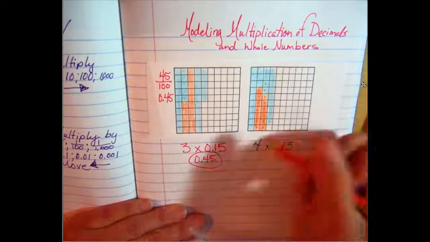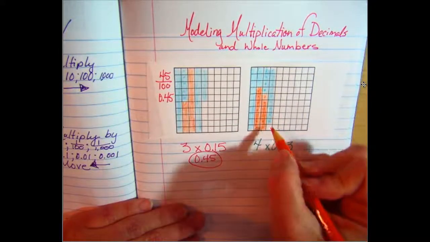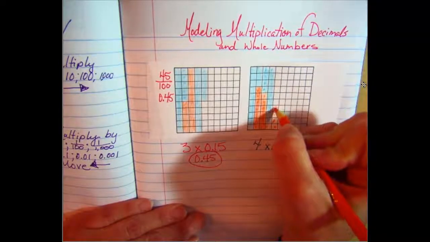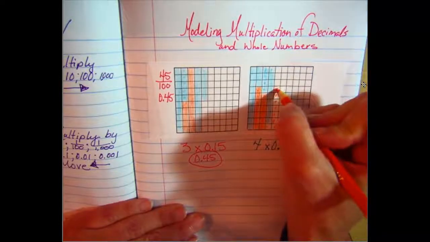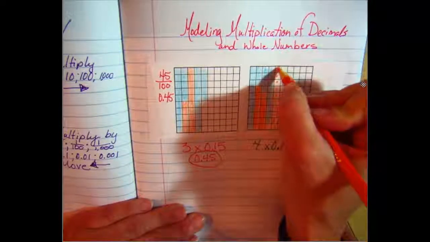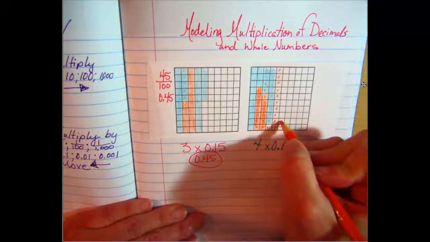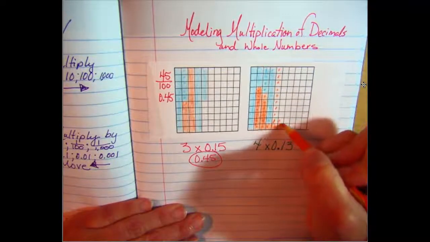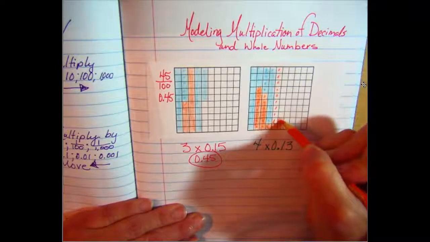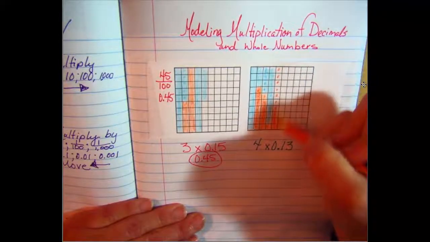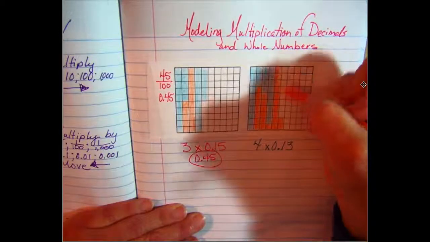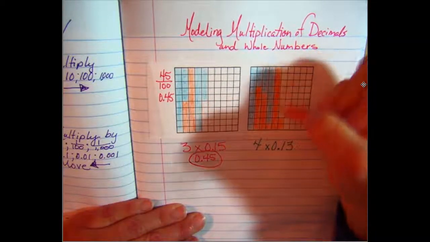Now I've got one last group of 13 to make. 1, 2, 3, 4, 5, 6, 7, 8, 9, 10, 11, 12, 13. I'm going to color in my last group. If you're really good at adding up the different columns, you don't have to put the dots and count them. This is just a strategy for people that are having trouble keeping the squares straight.